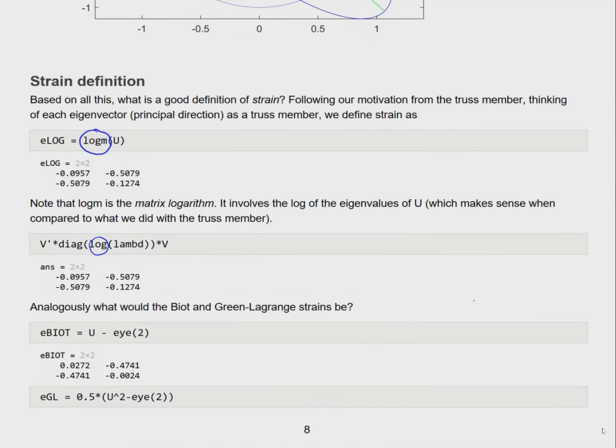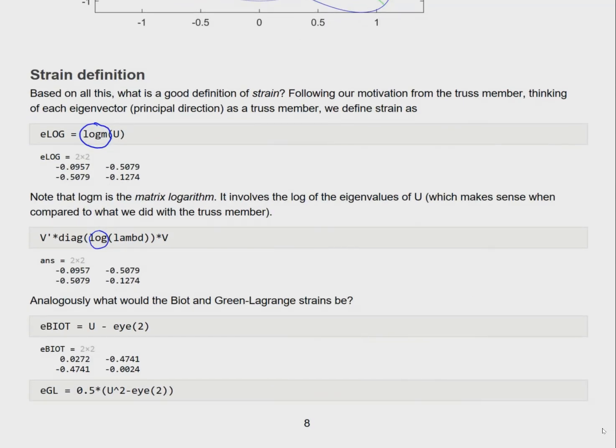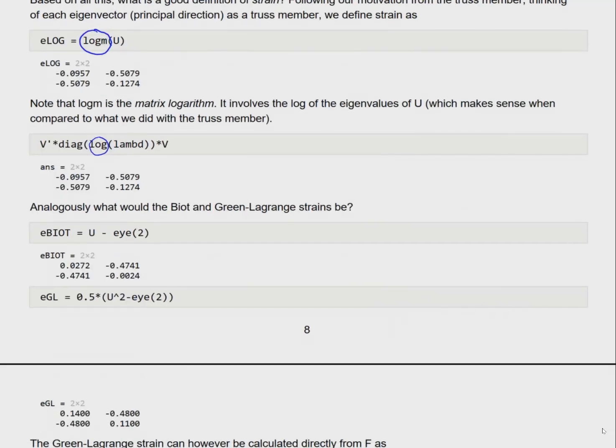So just like we define strain approximations, epsilon BO here would be simply U minus the 2x2 identity matrix. And again, completely analogous to the truss member, the Green-Lagrange strain will be 1/2 of U squared minus the 2x2 identity matrix.